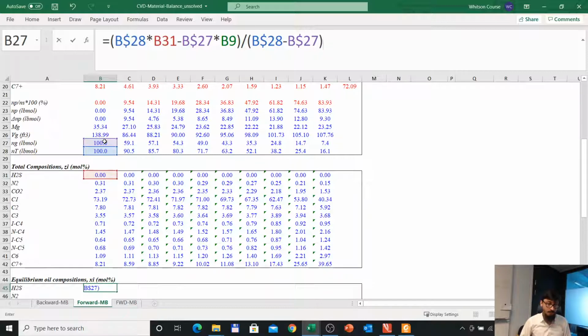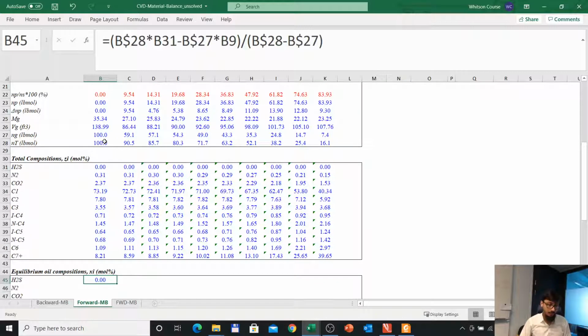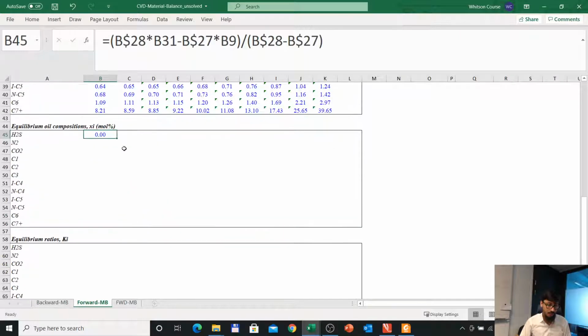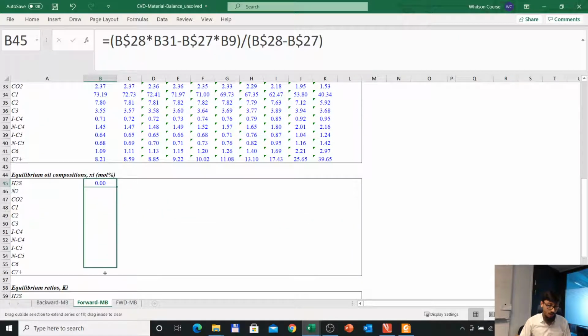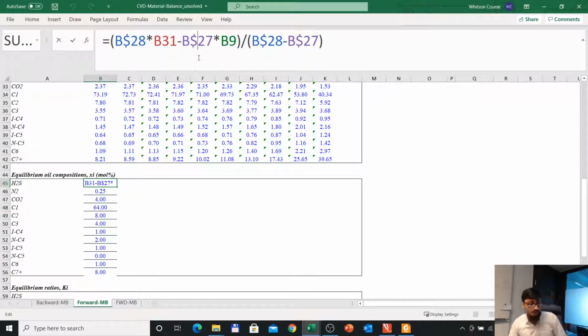Okay, let's see. So we should not have any oil composition. That should be, oh. Yeah, we should not be calculating it actually there. But let's see what happened here.